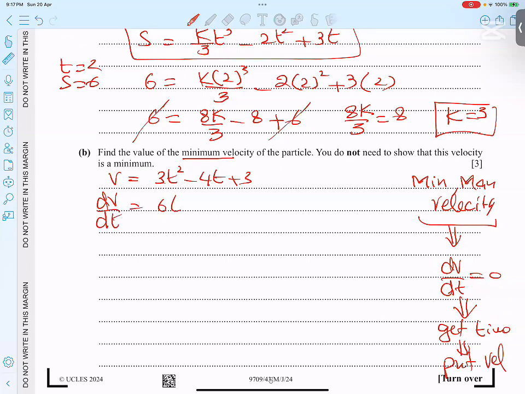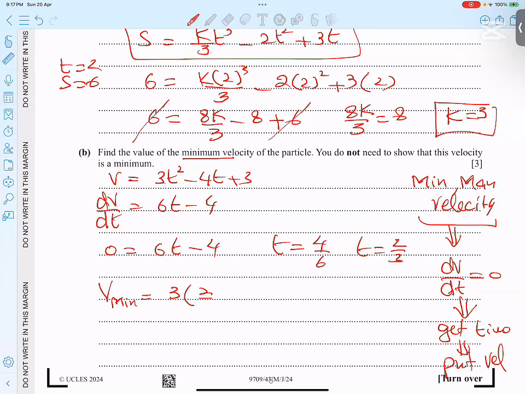So 6t minus 4, I will plug in 0. This is called derivative equals to 0. And I got time 4 over 6, or I can say 2 by 3 seconds. But we get the time and plug it back in the equation. This is compulsory, students. If we do not put it, we can't get the maximum or minimum velocity.